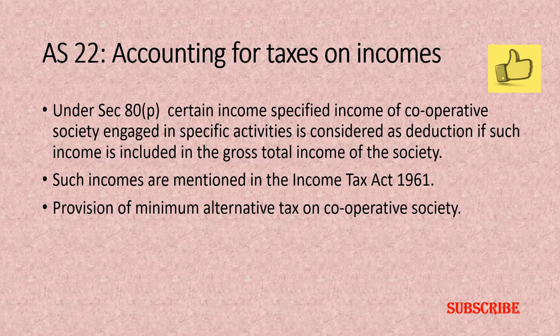Such specific activities are mentioned in the Income Tax Act of 1961. And there should also be provision for minimum alternative tax on the society, which we call MAT, which is taxed at a flat rate here.